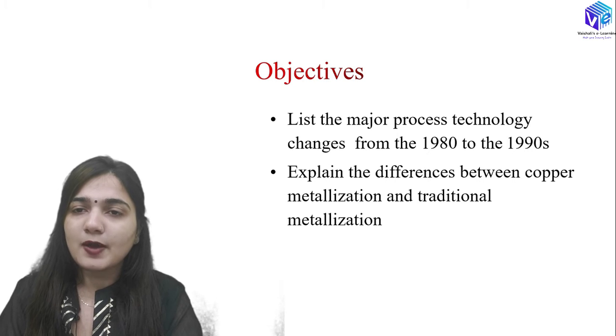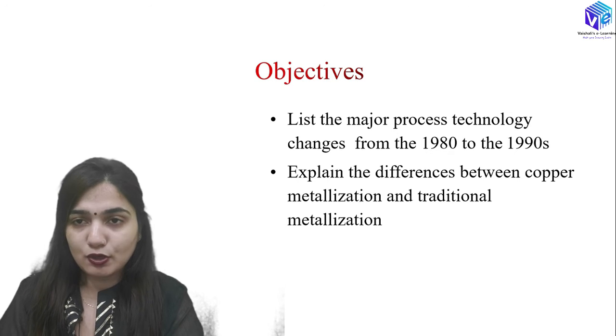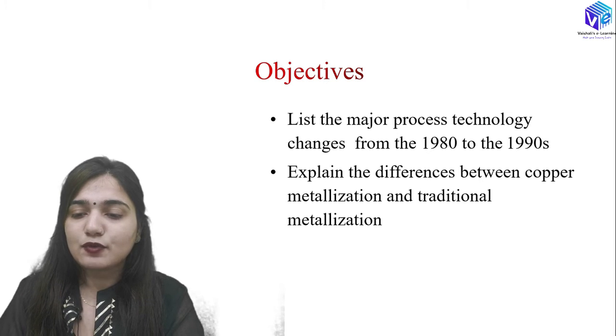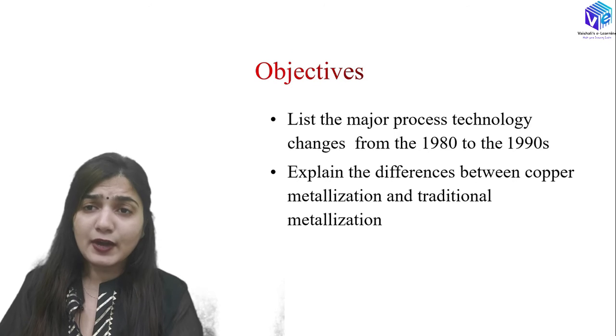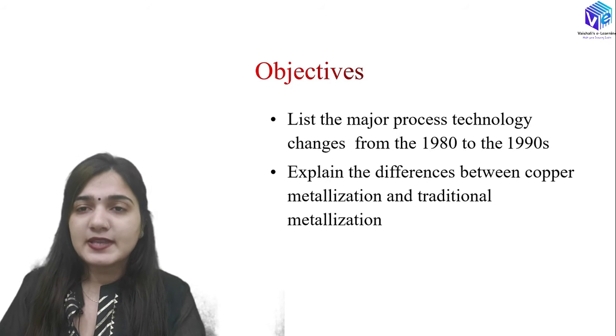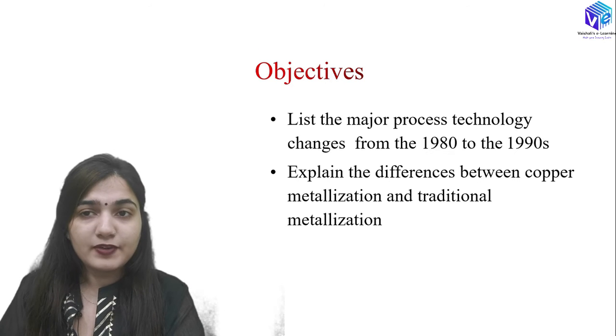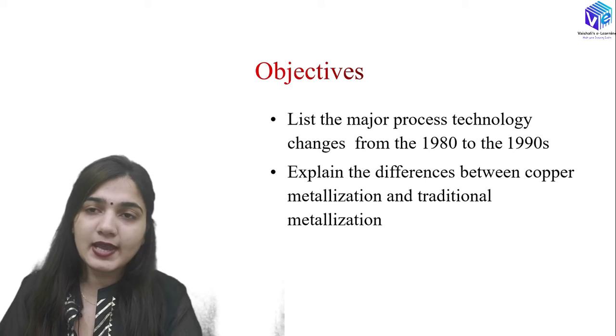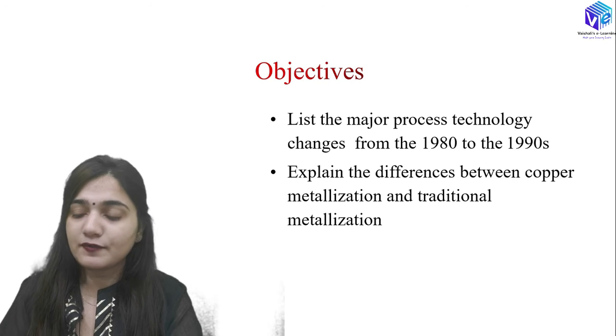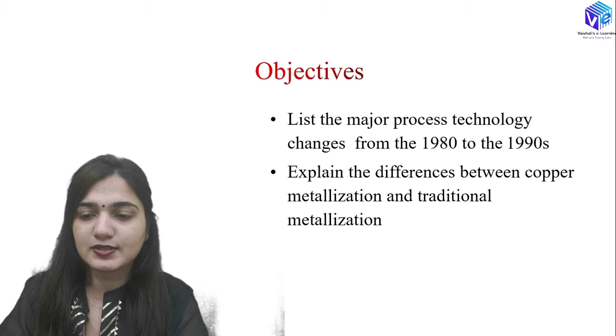Then we are going to talk about the 2000s technology as well, and then we are going to explain the basic difference between the copper metallization and the traditional metallization. I had already talked about this basic difference in the copper interconnection formation video as well. I hope you all have seen that. Now we are going to analyze in detail how these two are different for the CMOS fabrication process as well.